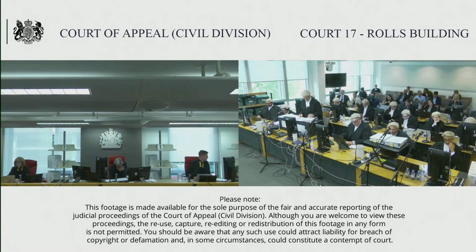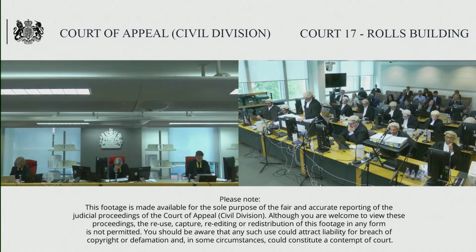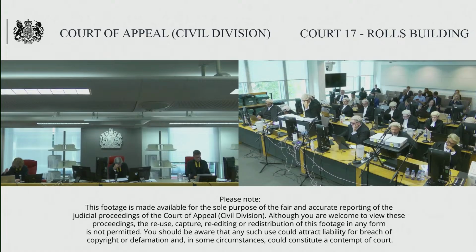Yes, Virgo's a bit clearer, which is Authorities Bundle 164 at page 3272. This is from Virgo, Principles of Equity and Trusts, and you'll see the passage I've gone to for a different purpose before, the last 4 lines of the first passage on the page: although the signature will normally be that of the settlor, it can be that of the trustee. And they cite Gardner and Rowe in footnote 8.